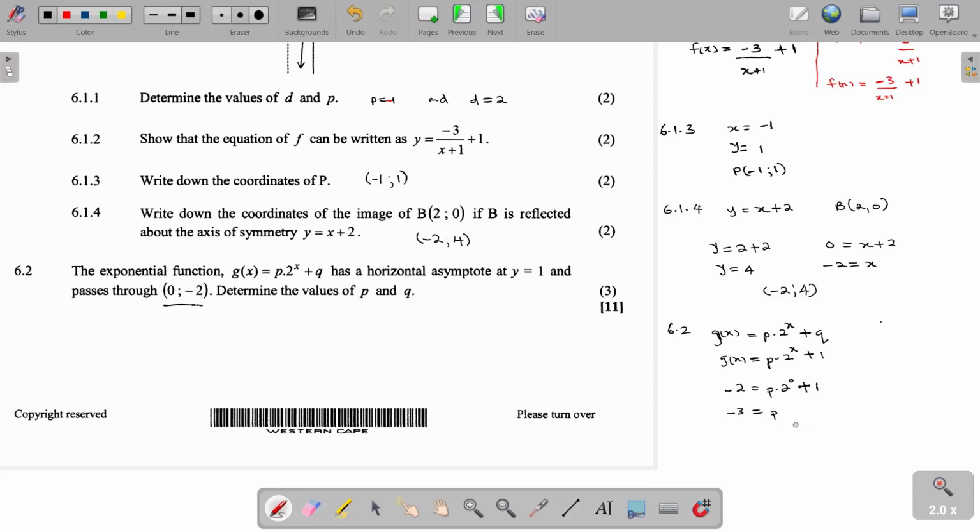Then conclusively answer the question. It wanted the value of p and q, so it means our p is equal to -3, whilst our q is equal to +1. Thank you very much.